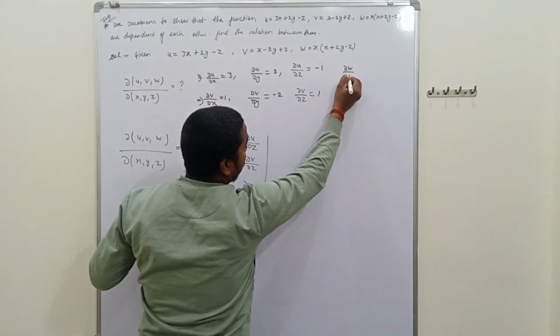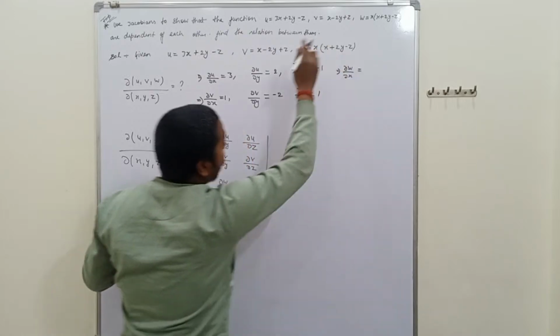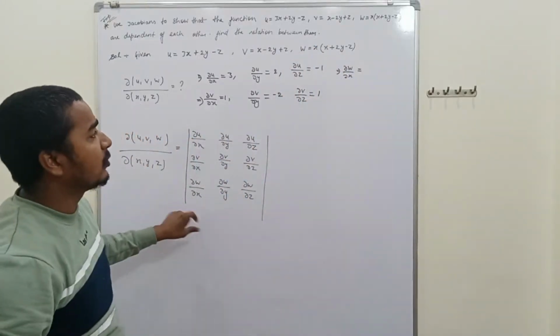Further we have to find del w upon del x, that is the value of w partially differentiating with respect to x.